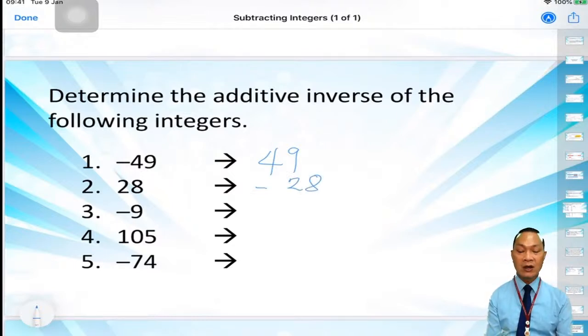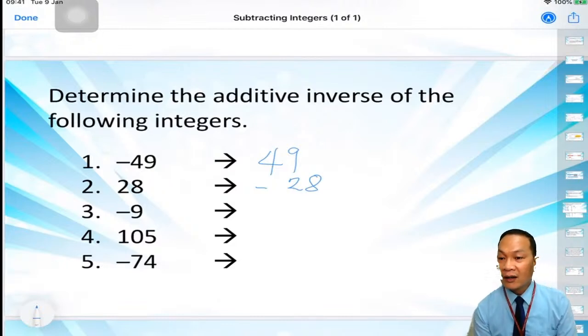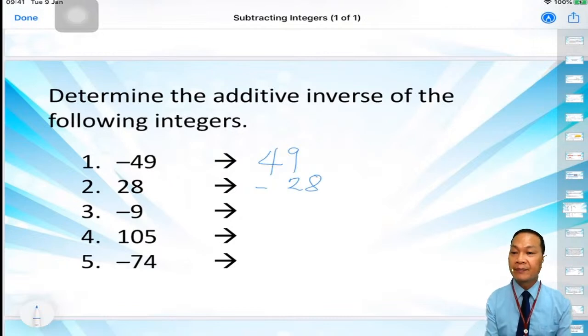Number 3, what is the additive inverse of 9? Yes, correct. Your answers are all correct. 49, negative 28, and number 3 is positive 9 or 9. Okay, correct.